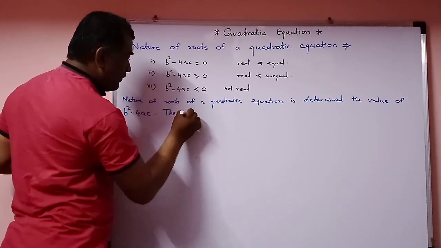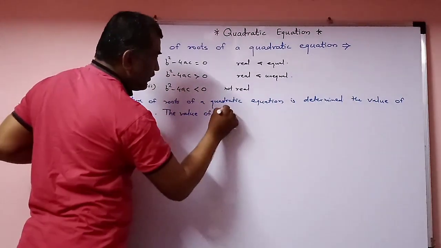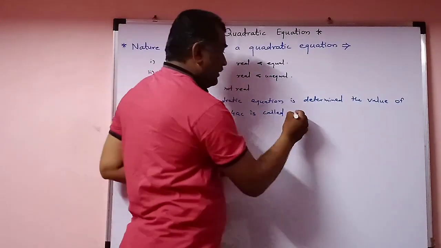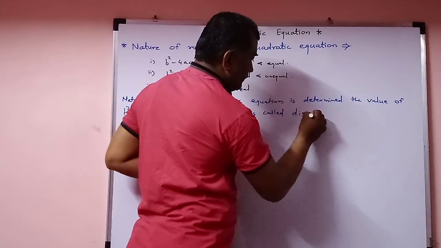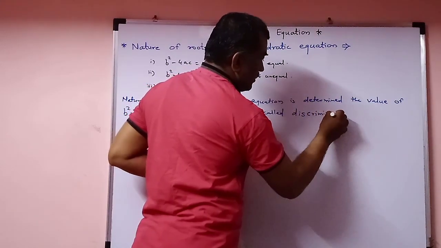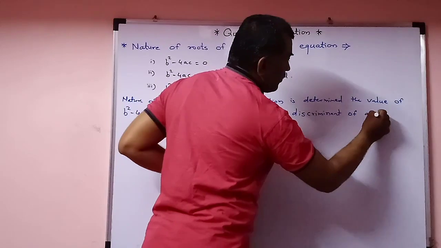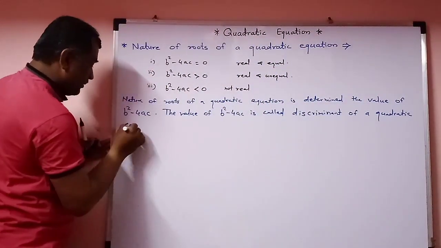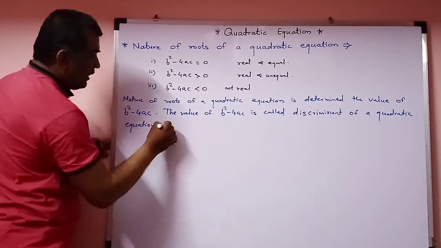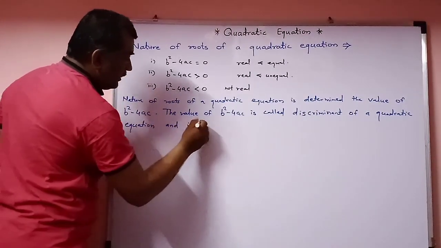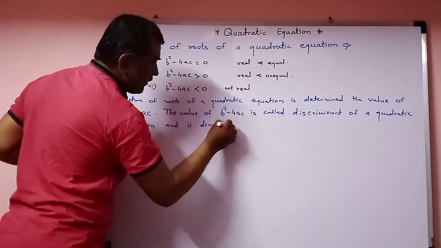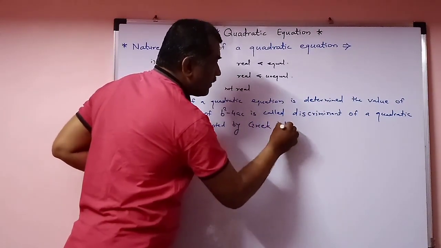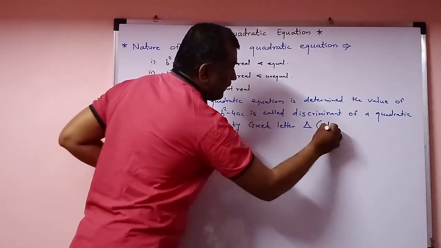The value of b square minus 4ac is called discriminant of a quadratic equation and is denoted by Greek letter डेल्टा.